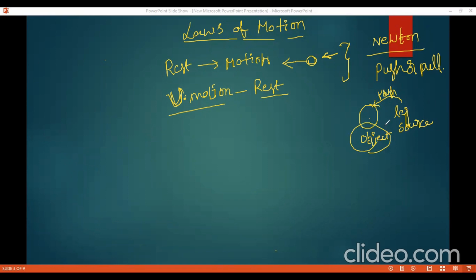When the leg interacts with the ball, the motion of the ball takes place. The ball is going to move. That means force is the interaction between object and source.